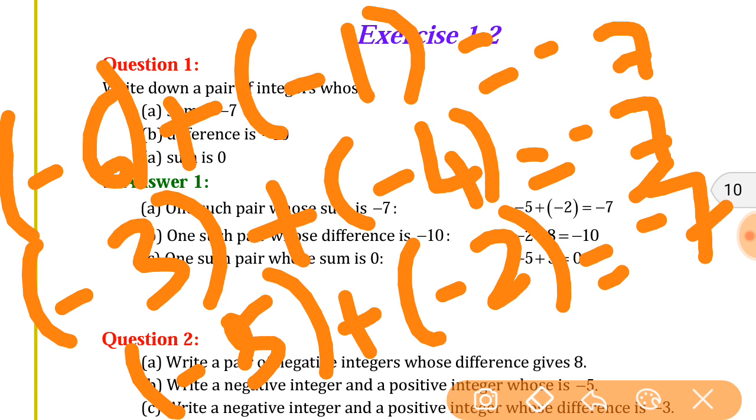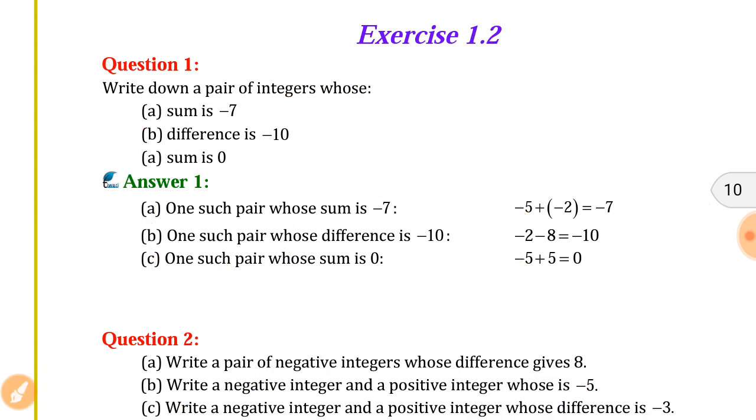Or else you can write another pair of integers which gives minus 7. Not only both negative, you can take the positive also, but it is better to prefer both negative for beginners.